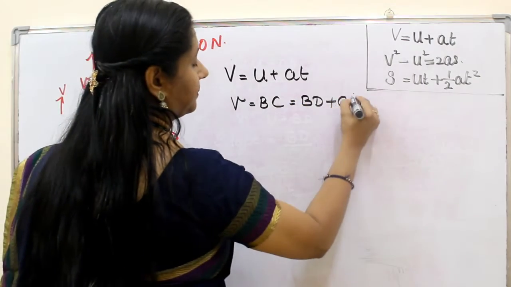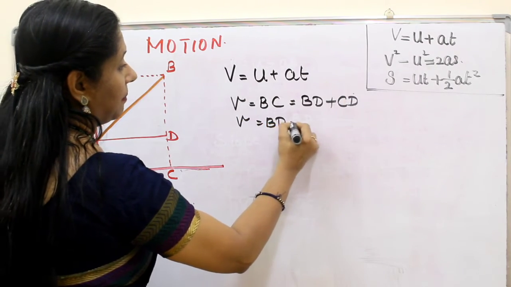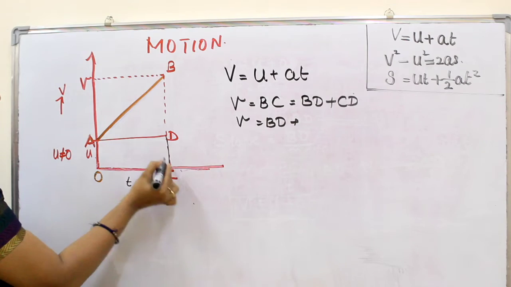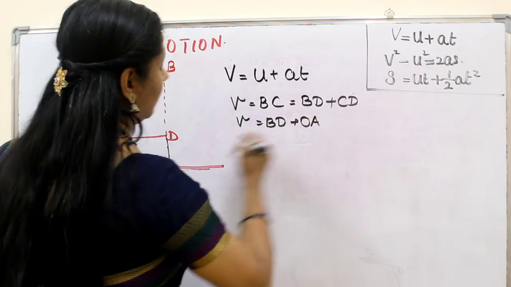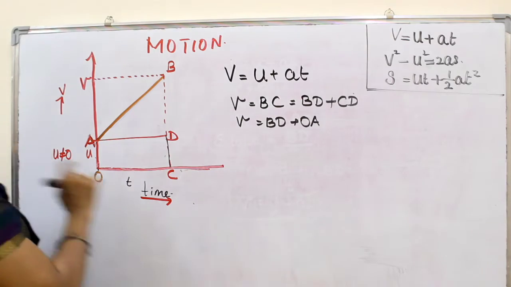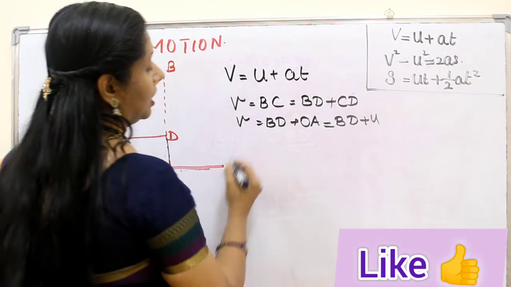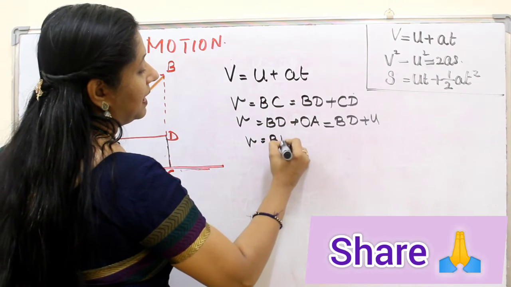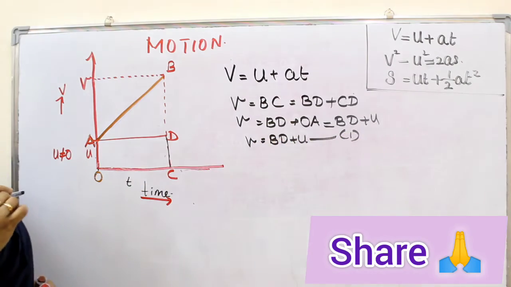Or DC. Now v is equal to BD plus, you know, this CD is corresponding to OA. But what is OA? OA we already told, that is the initial velocity. So BD plus u. So v is equal to BD plus u. We can consider it as the first equation.